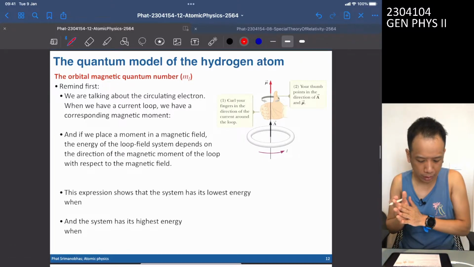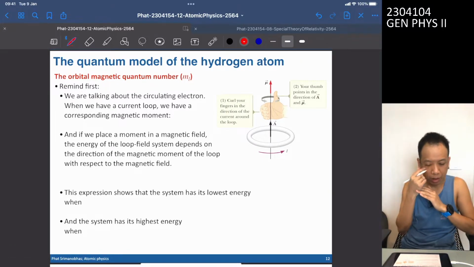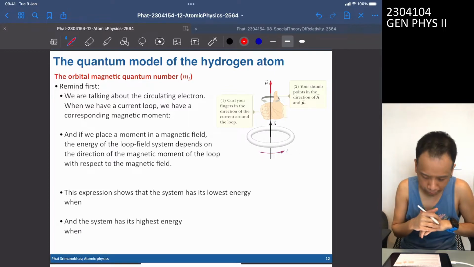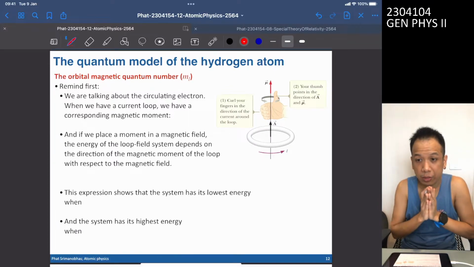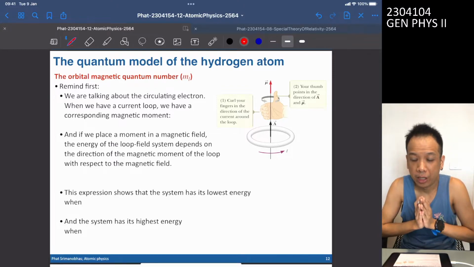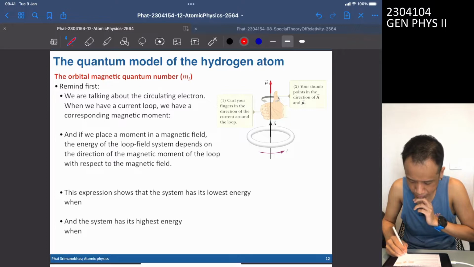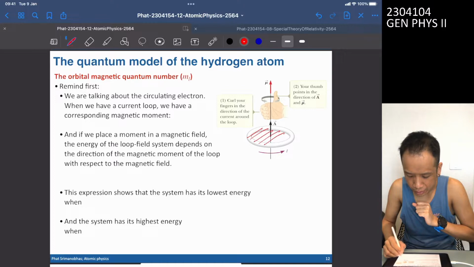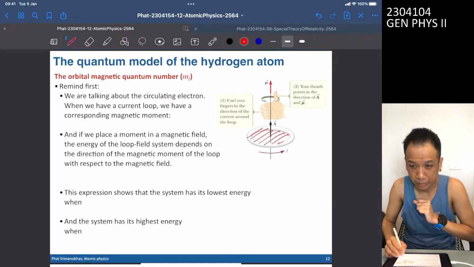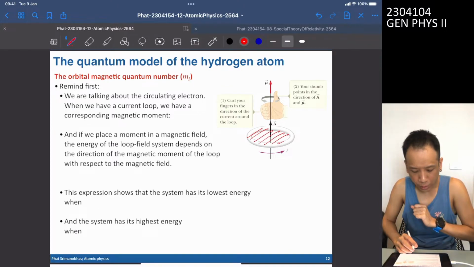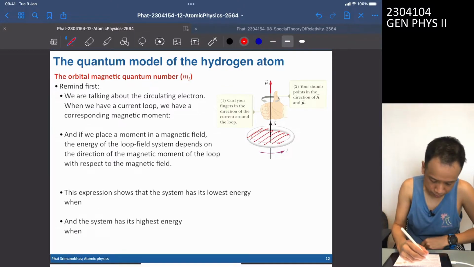Next we're going to discuss the orbital magnetic quantum number, or m subscript l. But first we need to go back to the current, which circulates as a loop. This loop has area A, with the vector A perpendicular to the area, and then you can calculate the magnetic moment.